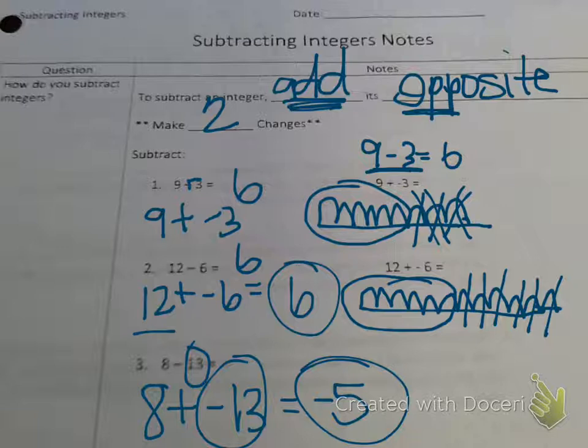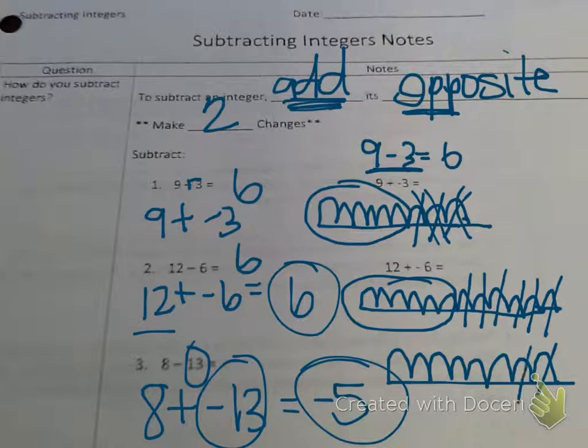Now that one might look different on hills and holes. We have 8. We take away 13, so 1, 2, 3, 4, 5, 6, 7, 8. Well, I now don't have any more to take away.